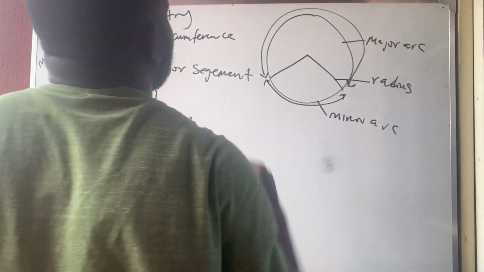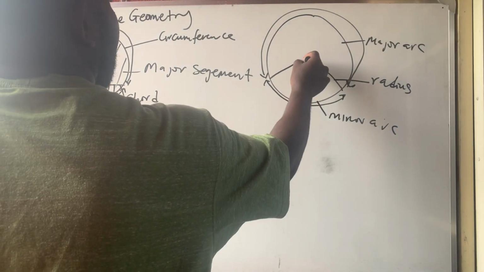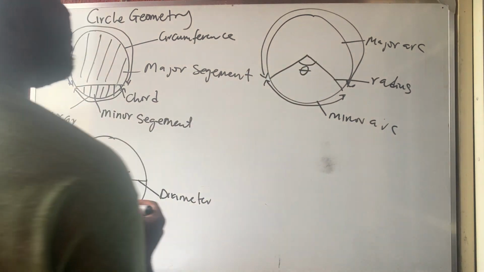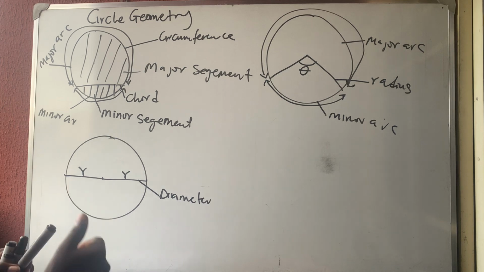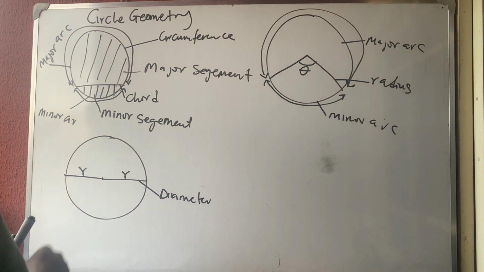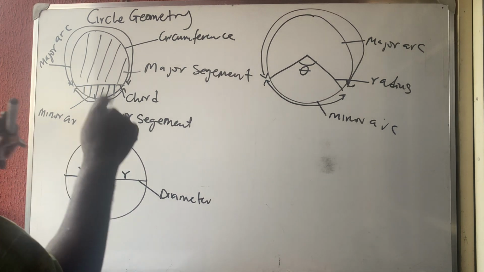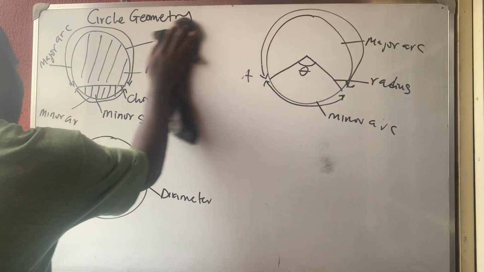Then there's an angle here. What do we call it? It's an assignment for you, so you need to find out what the angle is called. But I'm still going to tell you about that. For now, let's know this particular one about a circle.